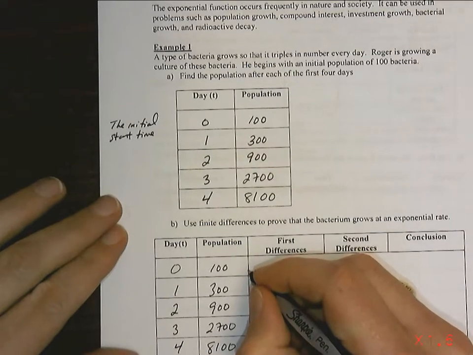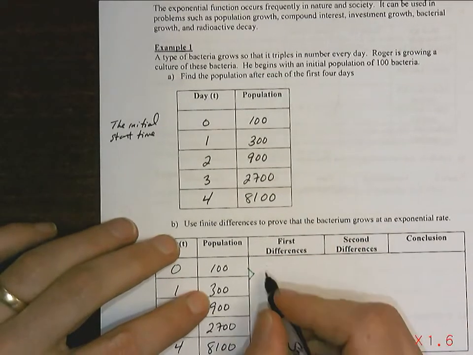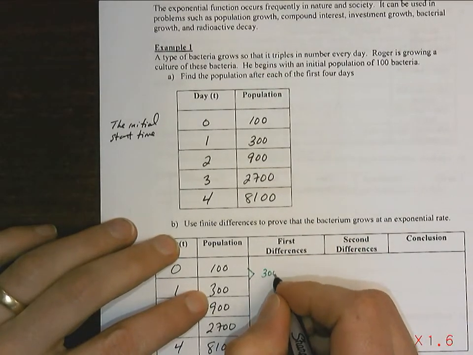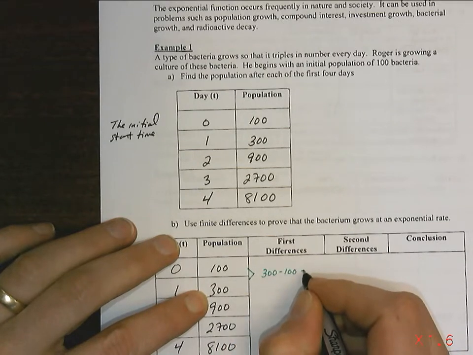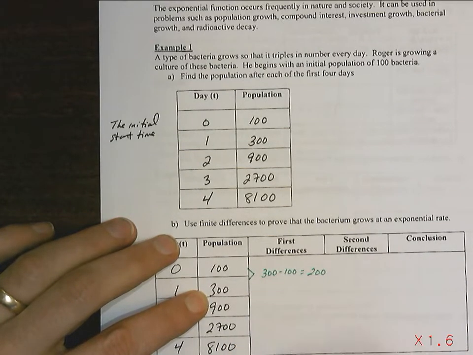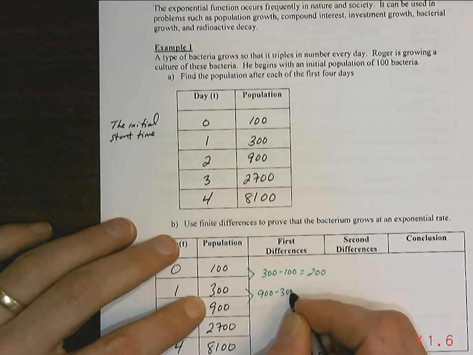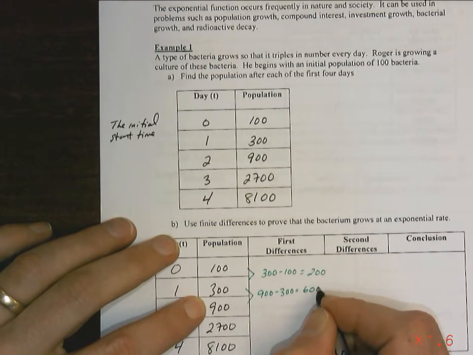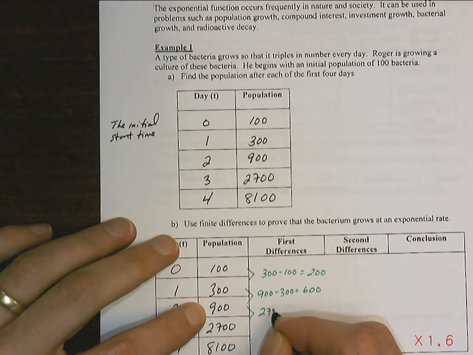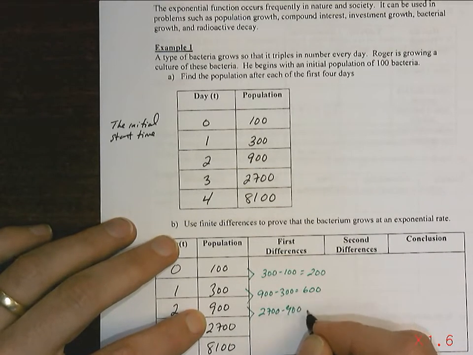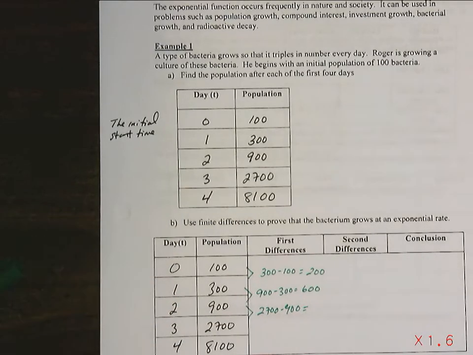Well, we're going to take our population of 300 and subtract 100, so it's going to give you 200. You're going to have 900, subtract 300, so it's going to be 600. You're going to need 2,700 minus 900, and I'm not good with this, I think that's going to give us 1,800. That makes sense.